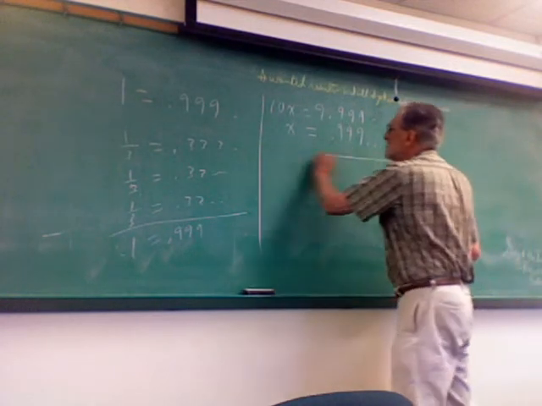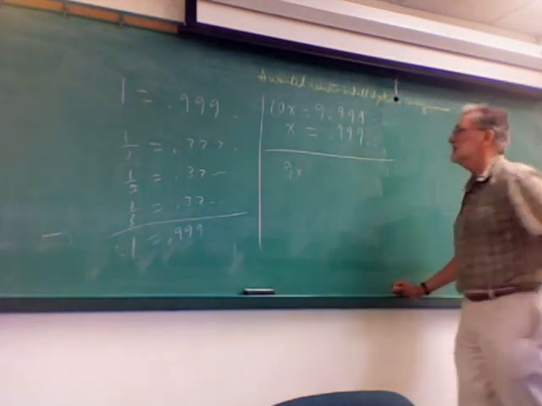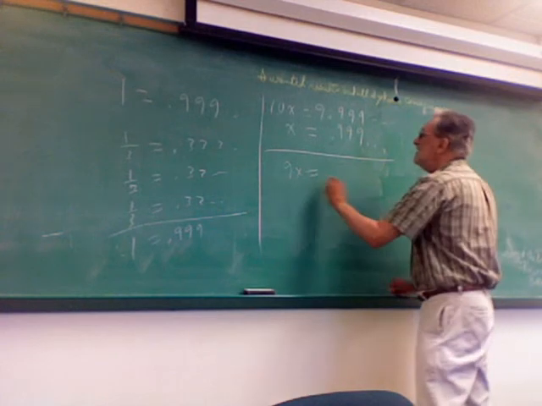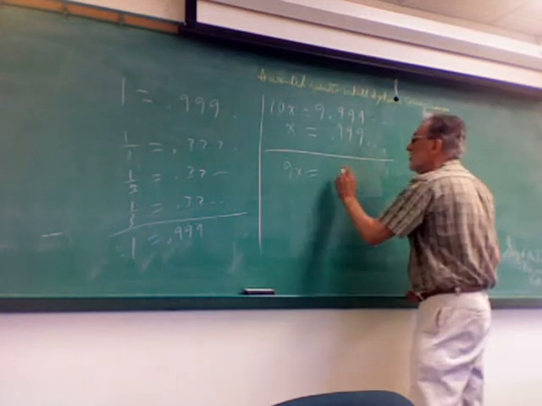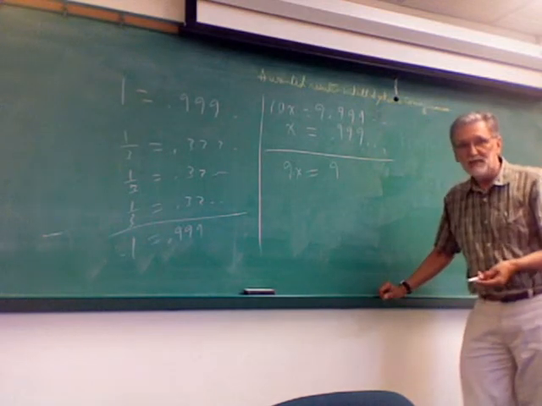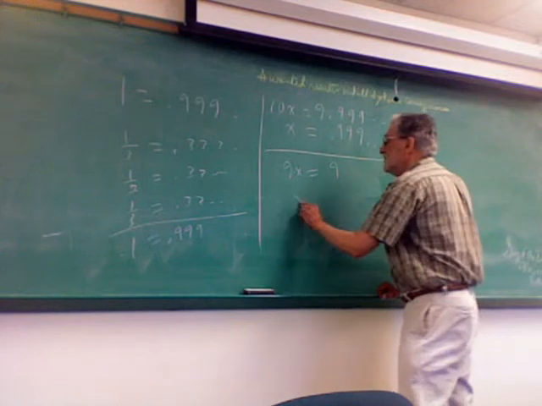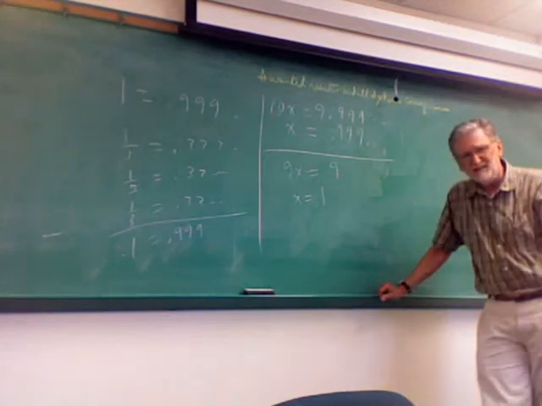And now when I subtract, I'll get 9x on the left, 10x minus x. And on the right, you notice all these 9s after the decimal point will cancel when you subtract, so all you get is 9. So I got 9x equals 9. So that means dividing both sides by 9, x is 1. See, I told you it was 1.